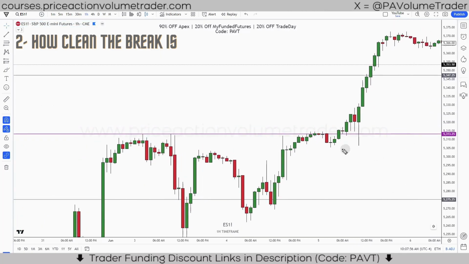You can see right over here on this candle, we have the confirmed breakthrough of this level, and then we came back twice to test it, here and then again on this one here.